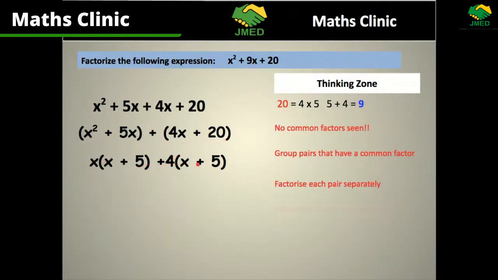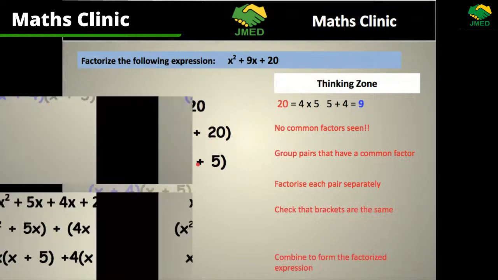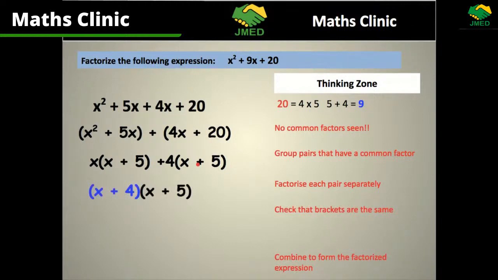We check that the brackets are the same, and they are, so we can factorize. So we end up with x plus 4 and x plus 5. And again, that x plus 4 is these two together. Whatever the sign is, you'll take that, and x plus 5. And then you factorize, you just rewrite that as your final factorized form.